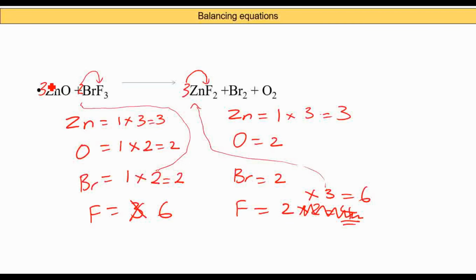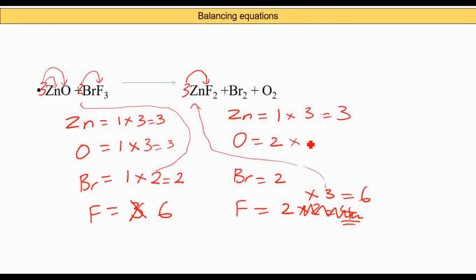Now I have 3 zincs, and I also now have 3 oxygen. So I'm going to have to change my oxygen. See how many changes I have to make? So that's going to be 3 on this side. Now my oxygen is not okay. I have 3 and I have 2 there.